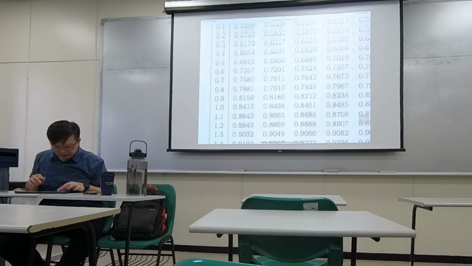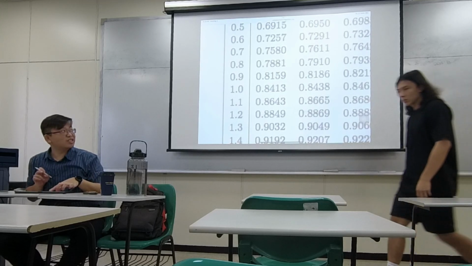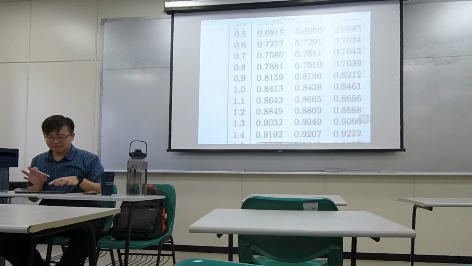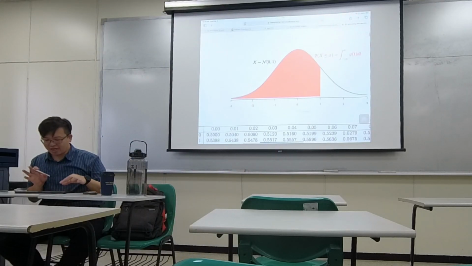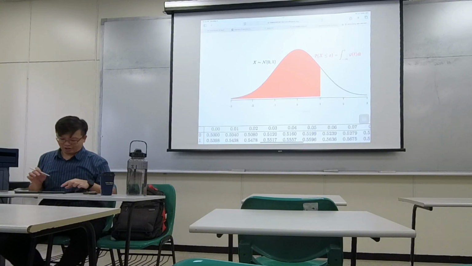At the end you get this number, 0.8413. Did you guys see it? 0.8413. That means this red area is 84.13%. Okay?